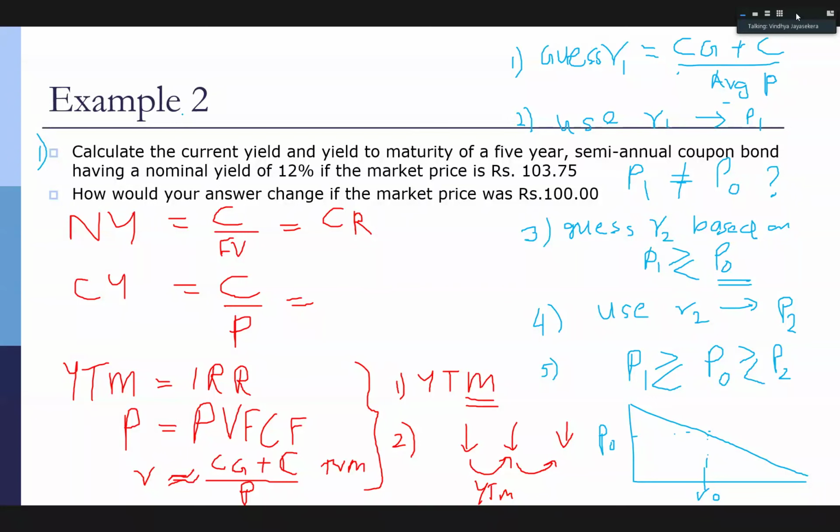Yes, correct. So you all are getting the current yield correct.